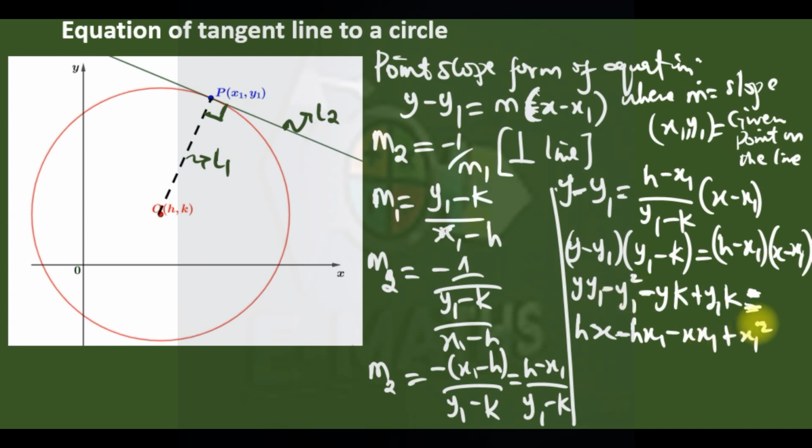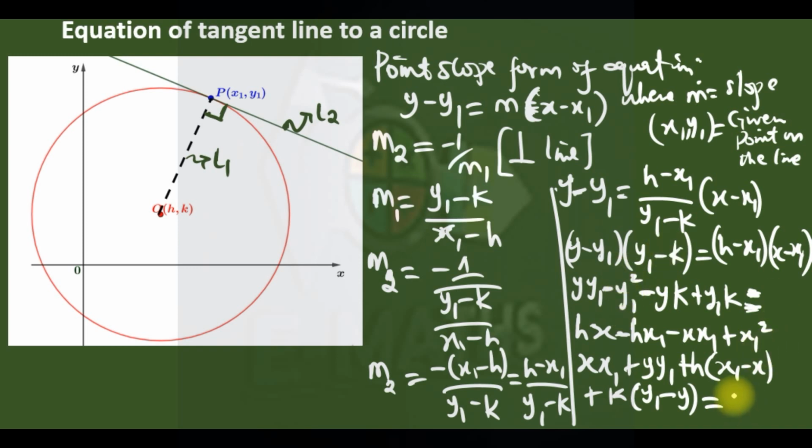Moving terms to the other side, we have x1 x plus y1 y. The terms with common factor h give h times x1 minus x, with minus hx and plus hx1. Then k is common, giving k times y1 minus y. And on the other side we have x1 squared plus y1 squared.